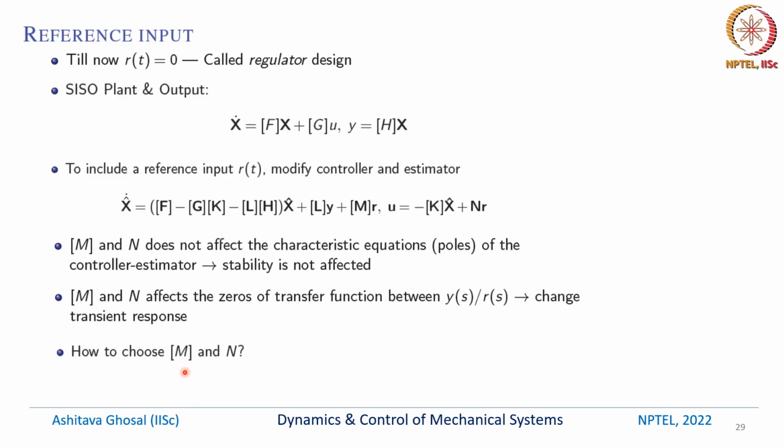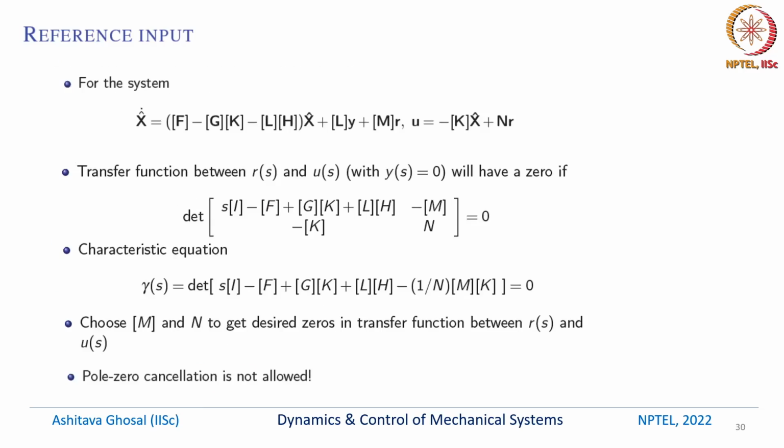So the question is, how can we choose this M and N? There are many ways of choosing M and N. So let's go back and rewrite this x hat equation. Look at it again. x hat dot is (F minus GK minus LH) into x hat plus Ly plus Mr, and u is minus K x hat plus Nr.